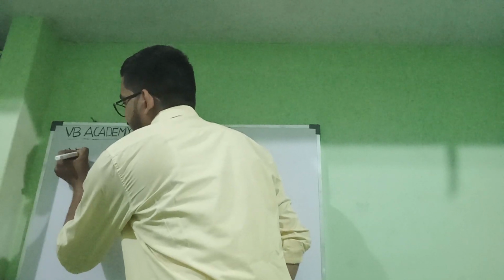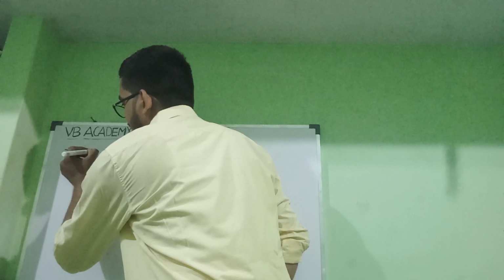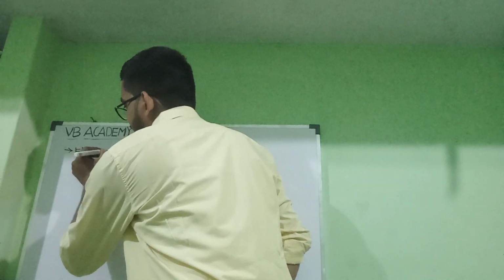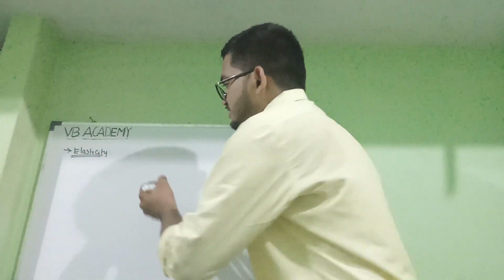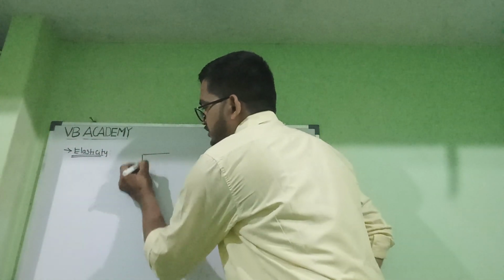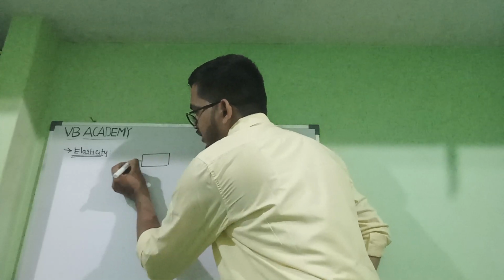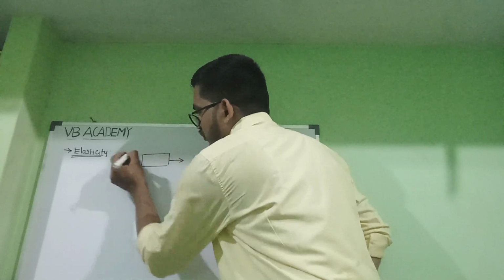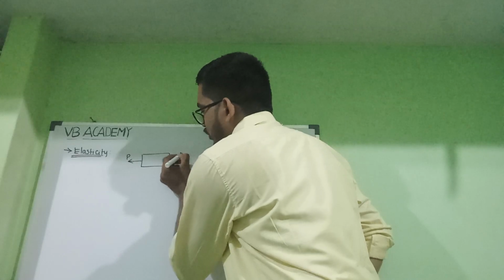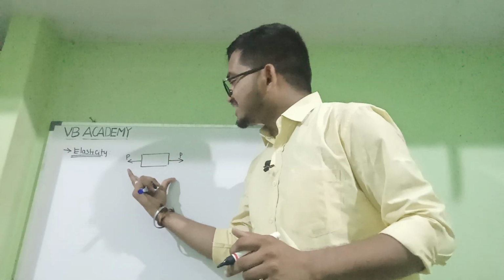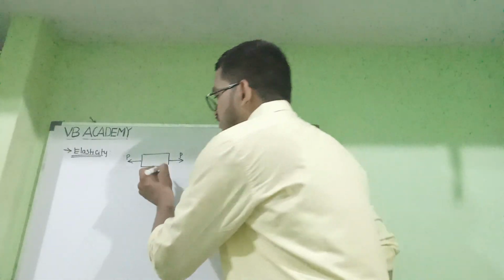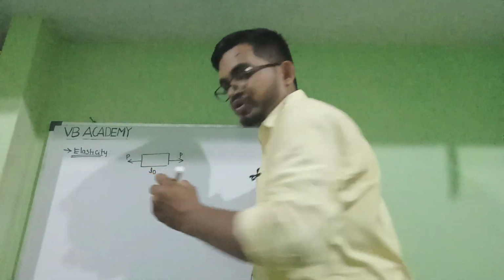So the first property is elasticity. What is meant by elasticity? Say this is the body on which I am applying a force which is pulling in nature. Say this is the original length L0.